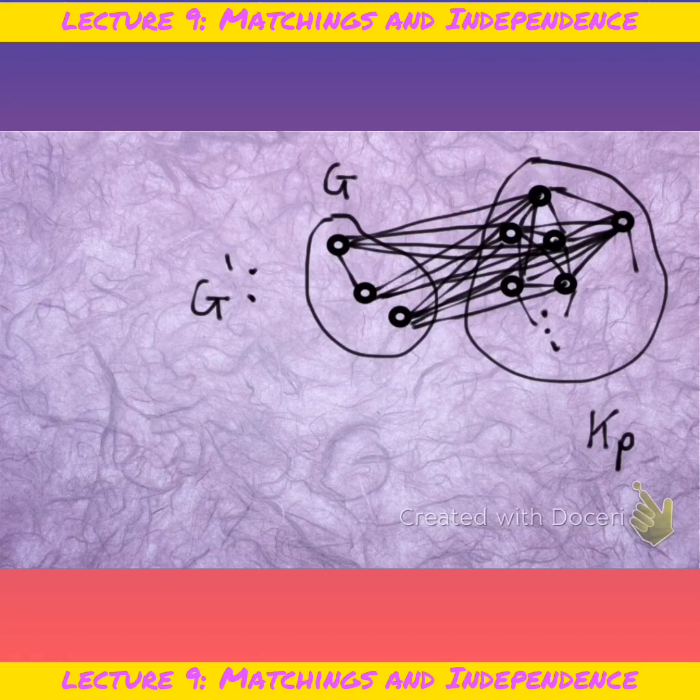If S prime, say, lies partly in G and partly in K_P, then again removing it, your graph is still going to be connected, because you're going to have a vertex there that's attached to every vertex there. So that's still connected.